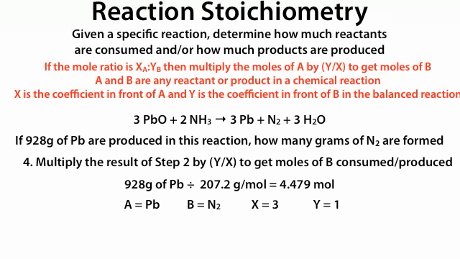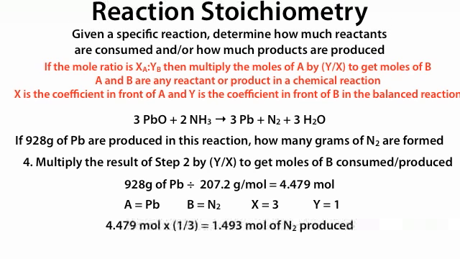Step 4. Multiply the result of step 2 by Y divided by X to get moles of B consumed or produced. The result of step 2 was that we have 4.479 moles of Pb. We're going to multiply that by Y over X, or 1 over 3, to get moles of B, or moles of N2, that are produced.